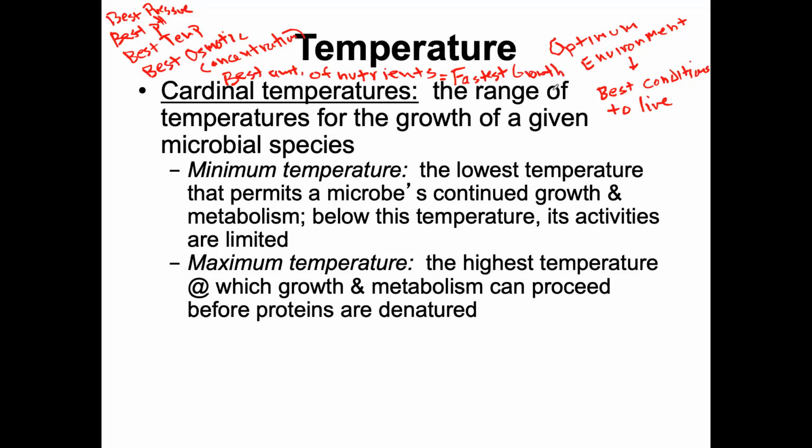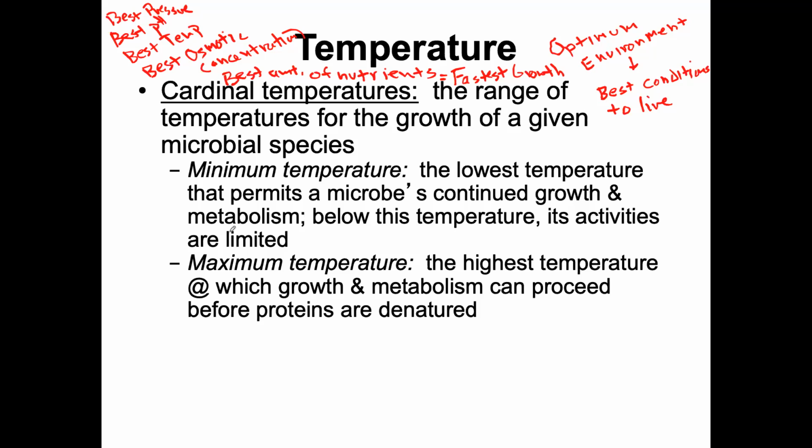So for bacteria, really for anything, we can have these temperatures, right? Cardinal temperatures are measurements for growth of a given microbial species. All right. The minimum temperature is the lowest temperature that permits growth, but below this temperature, the bacteria can't do much.